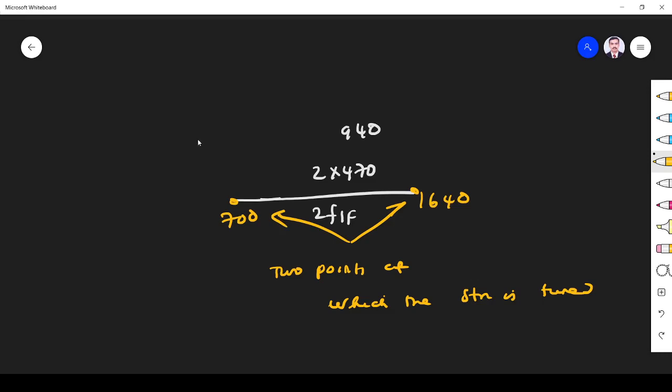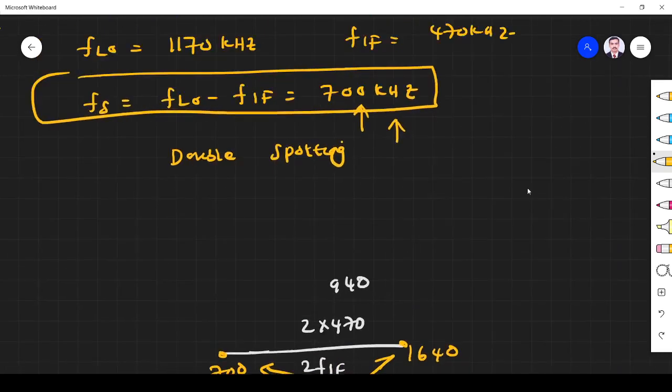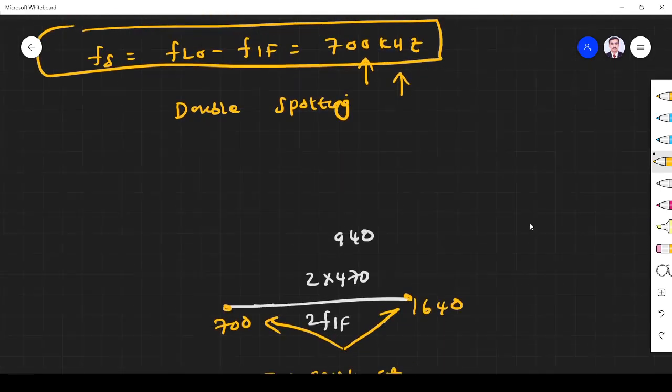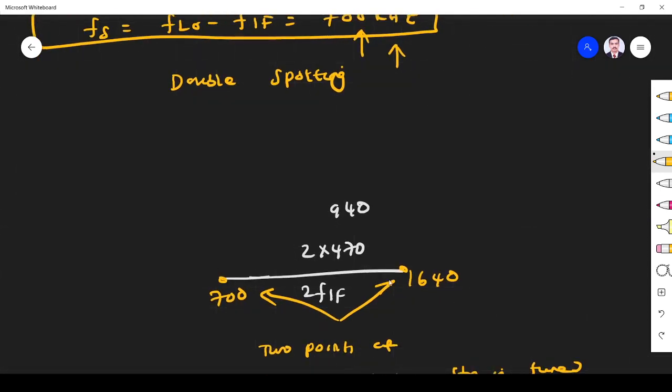Who is dominant? The 1640 is the strong frequency, and the weak frequency is 700 kilohertz. So double spotting occurs at 700 and 1640. The difference between the original point and the spurious point is 2 FIF. I hope you understand this concept.